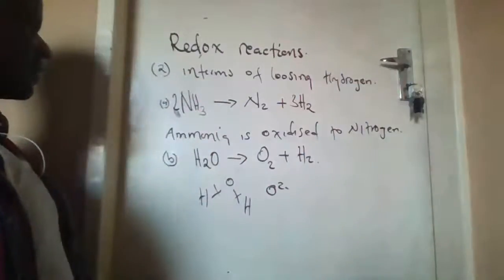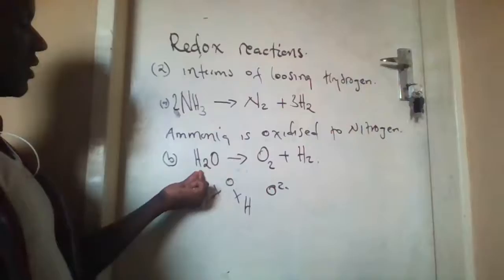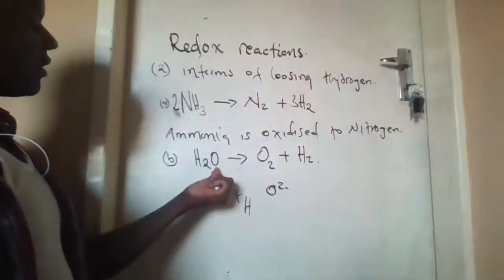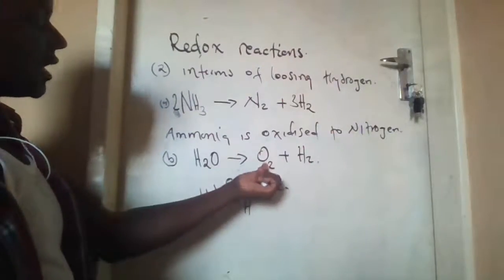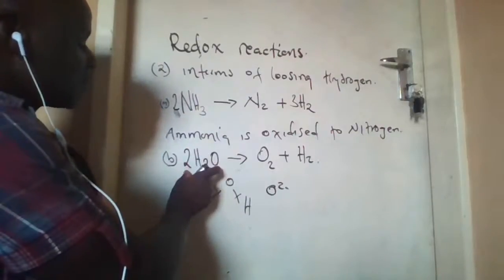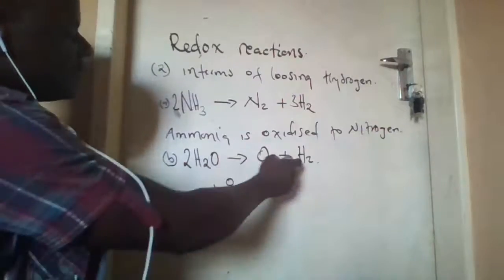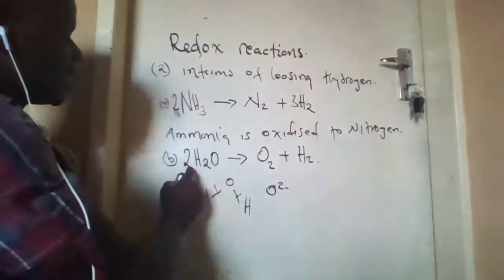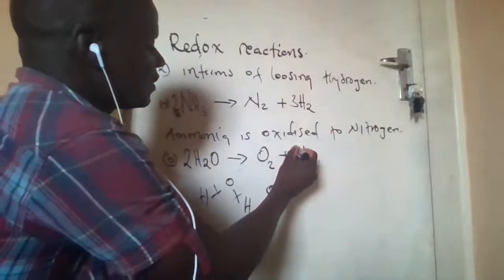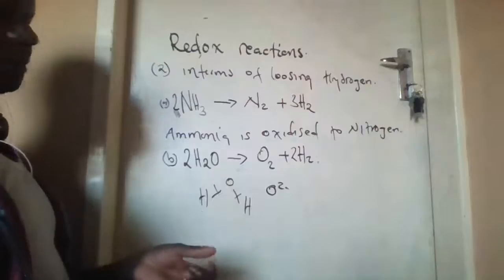Taking care of the number of species, here we've got two oxygen atoms, so I'm going to put a 2 here so that the number of oxygen atoms will be 2, like we have here. Then hydrogen, we have 2 here and 4 there, so we're going to put 2 there so that we take care of the number of atoms.